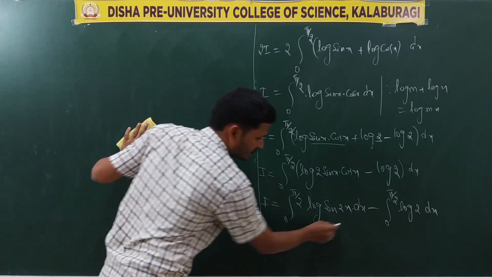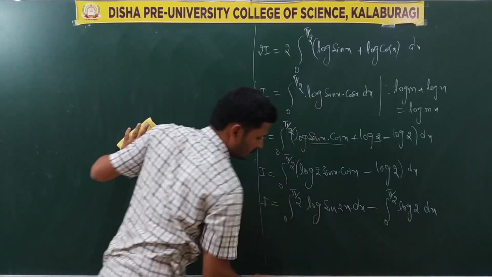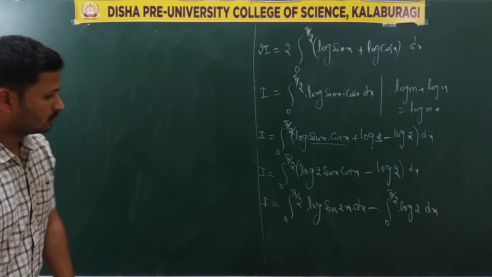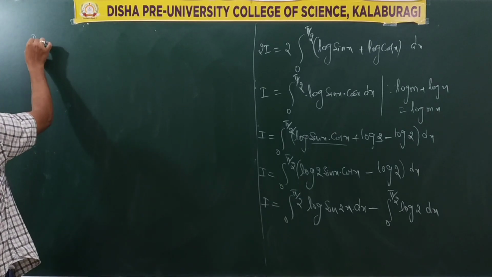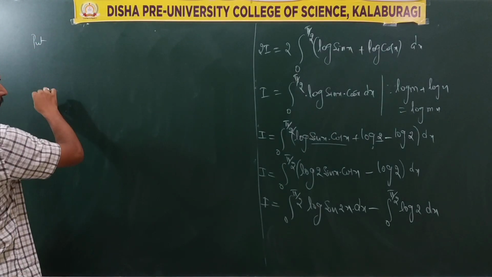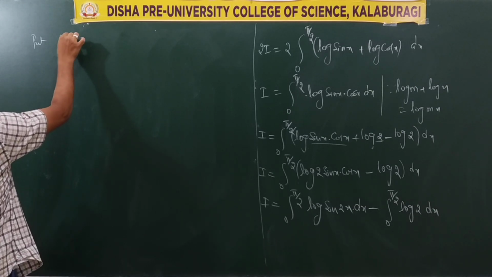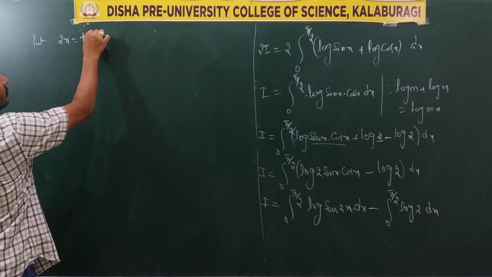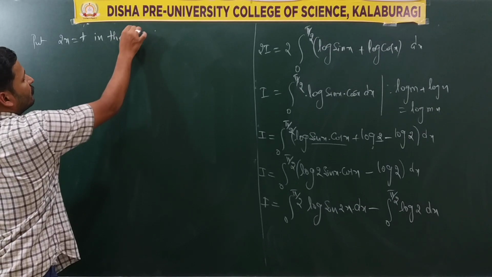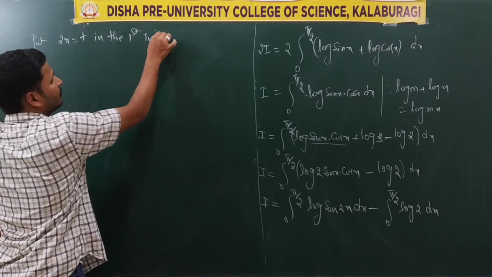So put 2x equals t in the first integral; this is the first integral and this is the second integral.